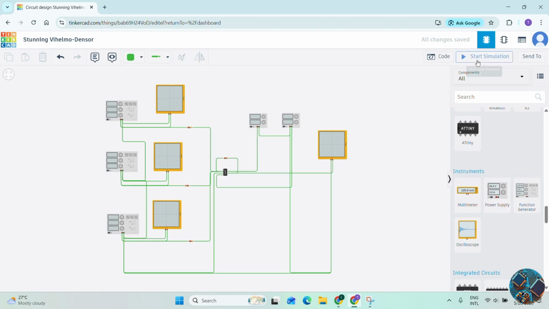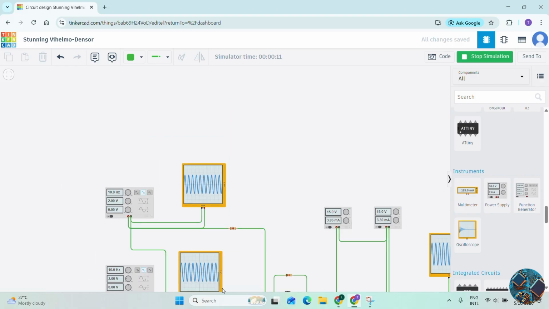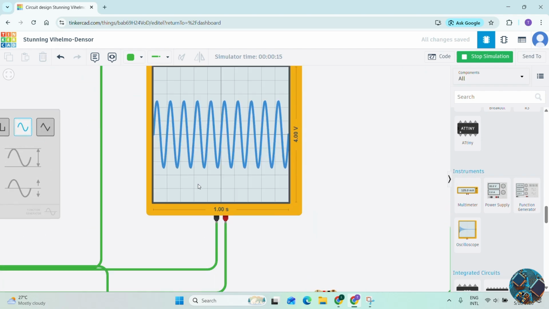So go to start simulation. Just zoom this one. This one is for total 4 voltage. So this one is a 2 peak to peak voltage sine wave. So this one also same.